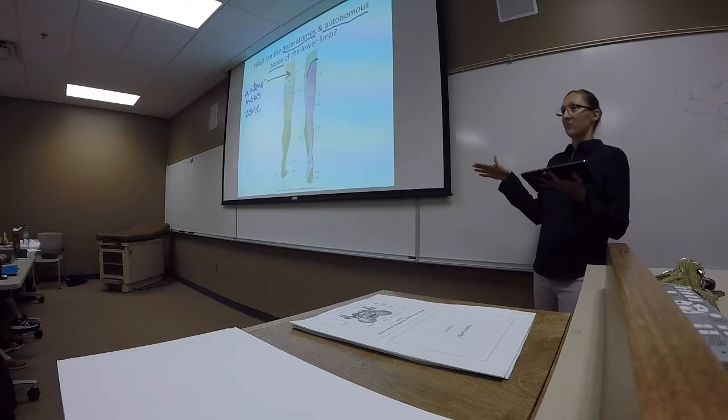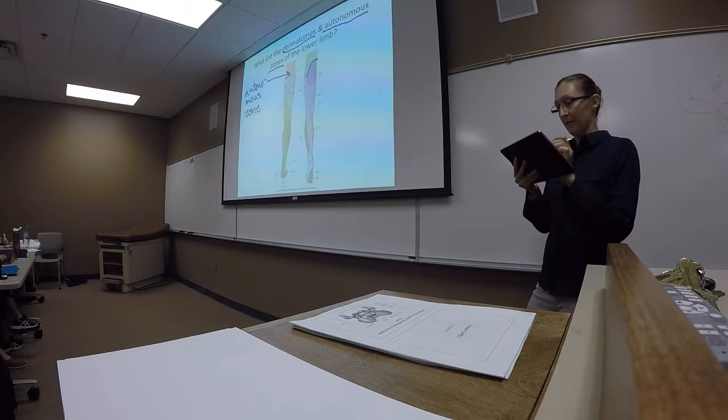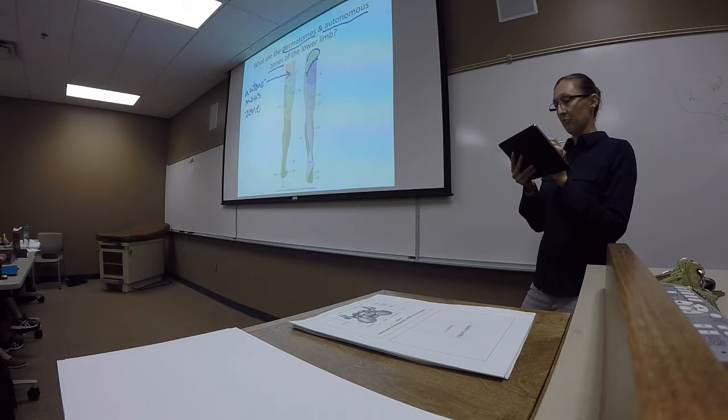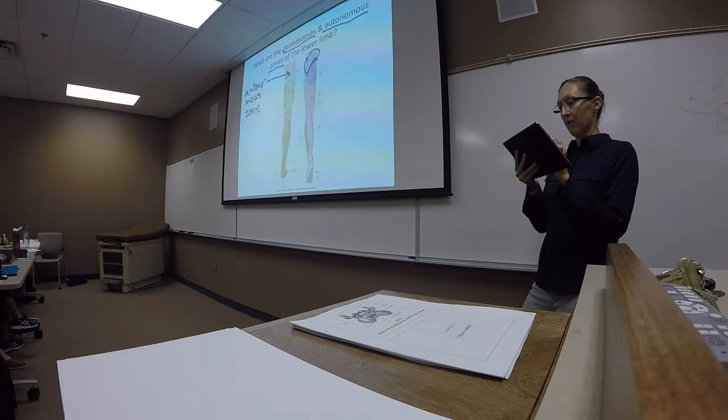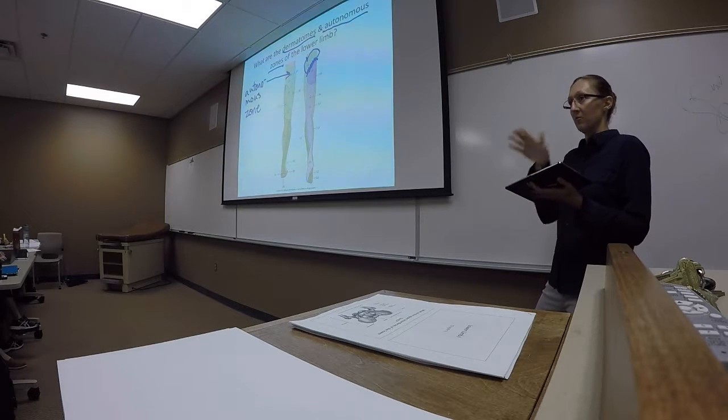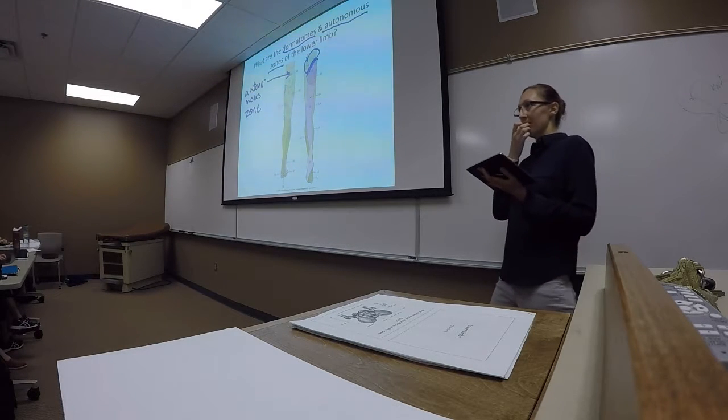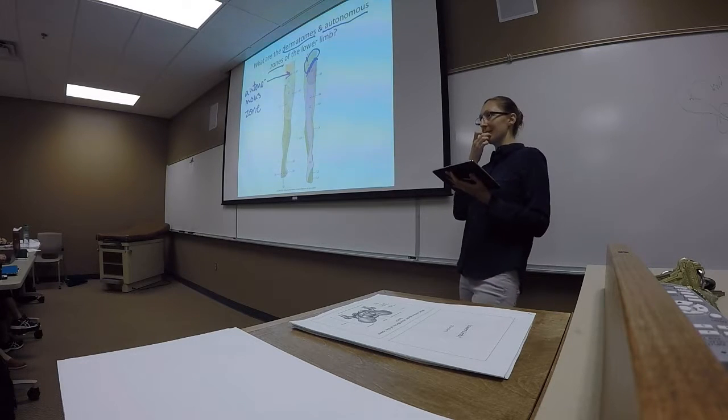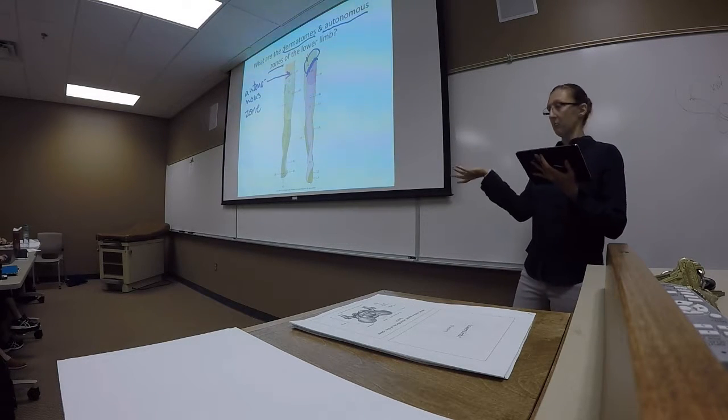Okay, so the majority of the input to this region is from L2, but there's going to be a fuzzy gray region in here where there's overlap between the two regions that are innervated by L2 and S3.